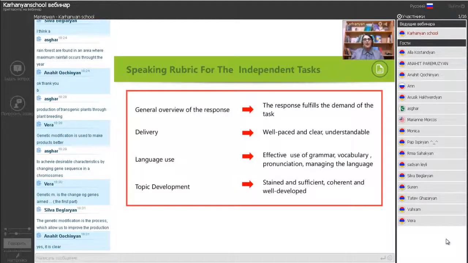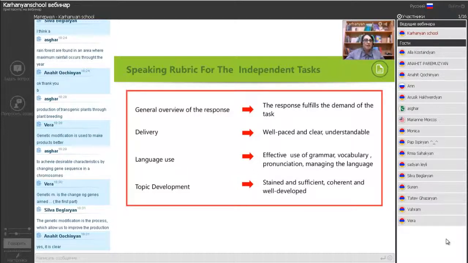If you can manage the language, it means you can use every part of it properly. Effective use of grammar means using sophisticated grammar structures, sophisticated vocabulary, and good, correct pronunciation. Good pronunciation is not so important as pronouncing words correctly, okay?